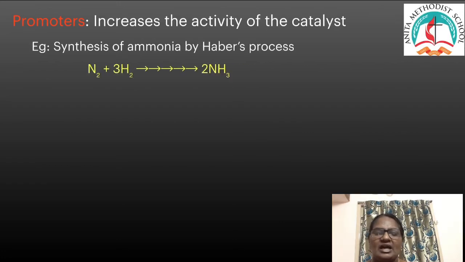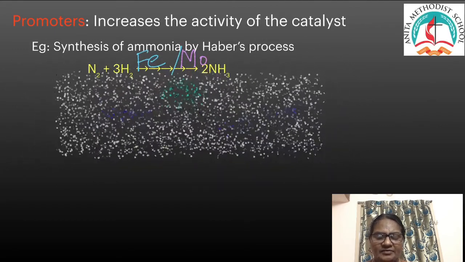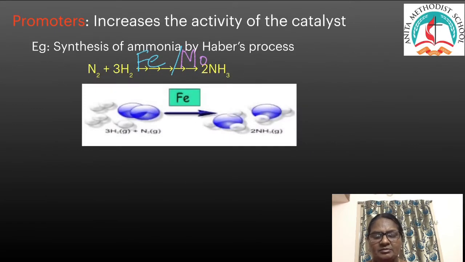By now you know that iron is a catalyst. When I have traces of molybdenum added to iron, iron works efficiently. So here molybdenum is my promoter. When I have traces of molybdenum, it enhances the catalytic activity of iron.